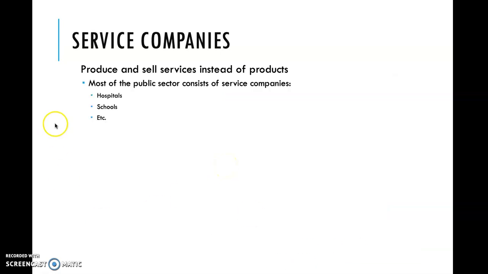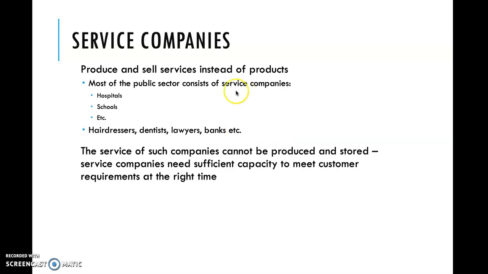Service companies: most public services consist of service companies, hospitals, schools, etc. Service companies produce and sell services instead of products. Most of the public sector consists of service companies. Hairdressers, dentists, lawyers, banks, etc. are also examples of it. Cleaning companies are also an example. The service of such companies cannot be produced and stored.